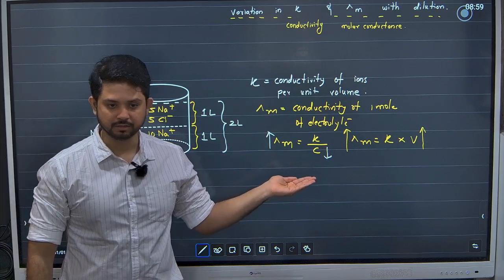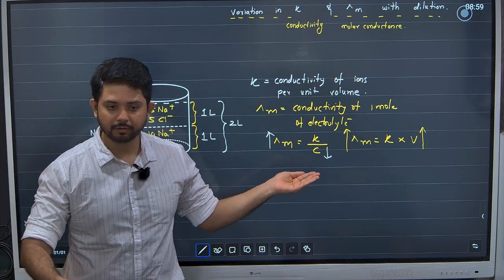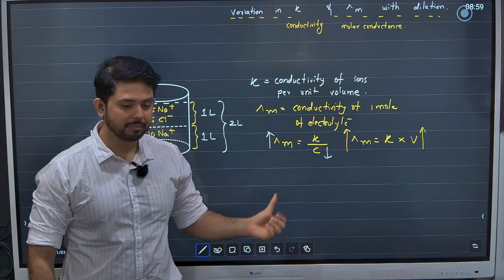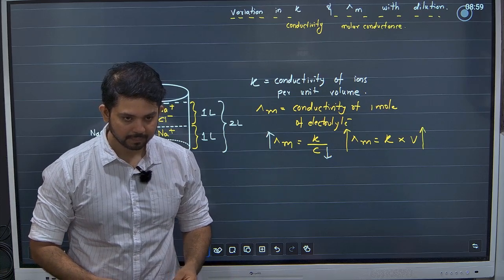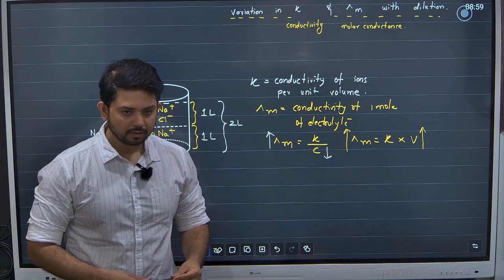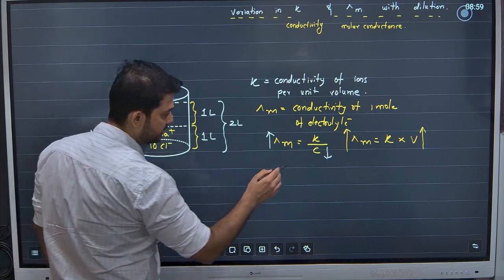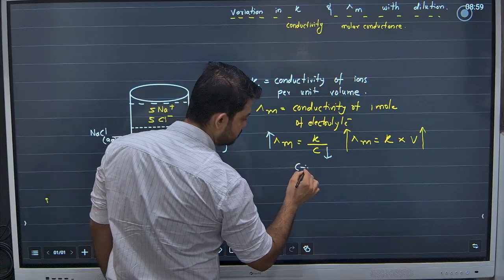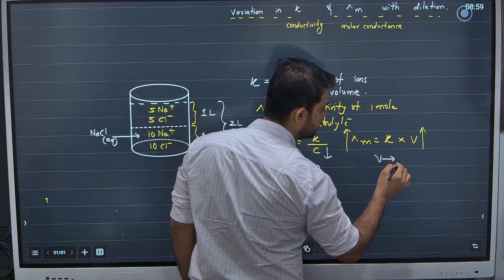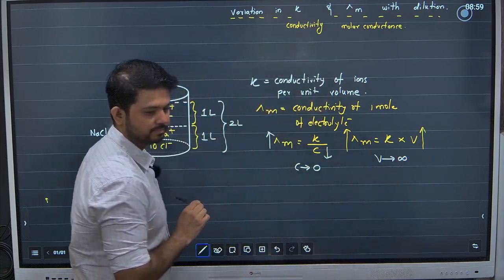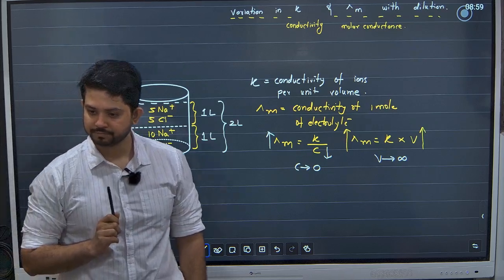I have a question. If I keep on diluting, when will I get maximum lambda m? When यहाँ पे C tends to 0 or V tends to infinity. Did people get that?